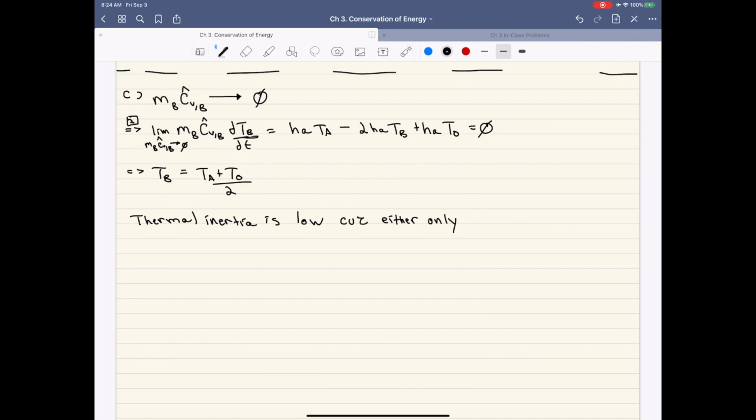And so the way to think of that is that you only had a few B molecules relative to the gas. The cylinder was very thin or very small, so that you only had a few B molecules that you needed to heat up. So here MB approaches 0.